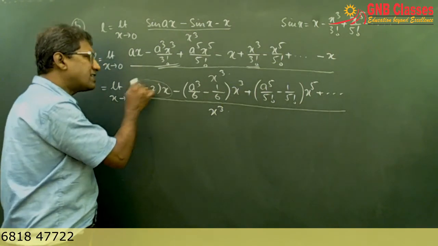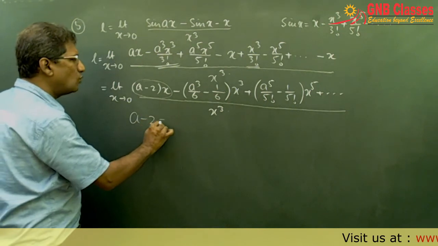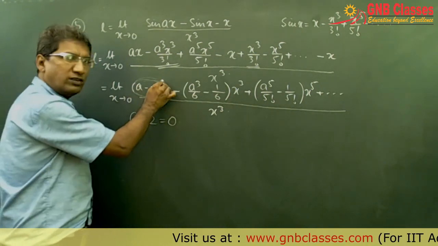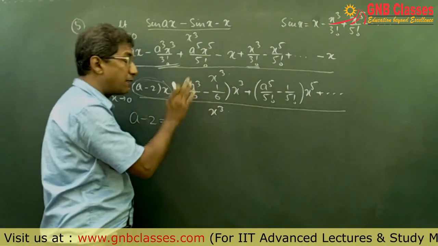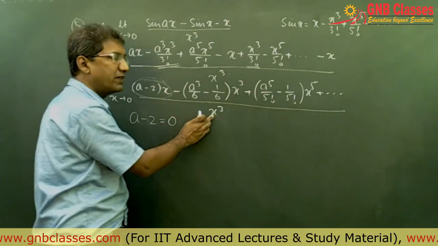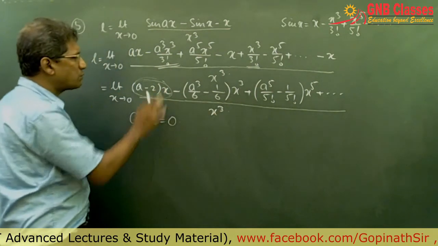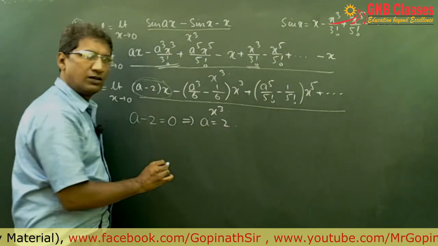This term will not exist only when a minus 2 is 0. Because if you make this term 0, then there is no term in the numerator which has a power of x less than the denominator. Is it clear? Therefore, this part will become 0. That implies a is nothing but 2.